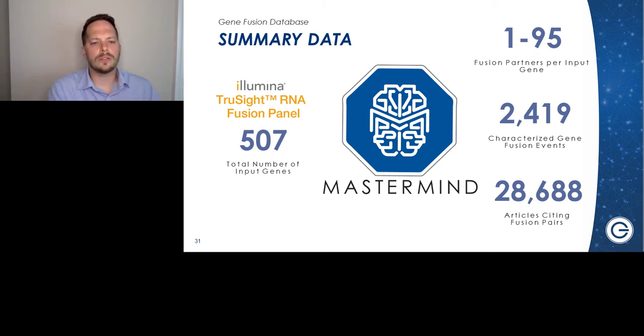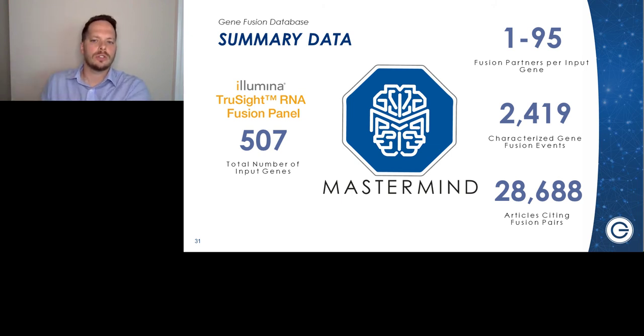So for any one of those 500 or so genes, we asked Mastermind, what are the fusion genes that are partnered with each of those driver genes? And we asked how many of those different gene fusion events could we characterize with our GLP, and from how many references did that information come?